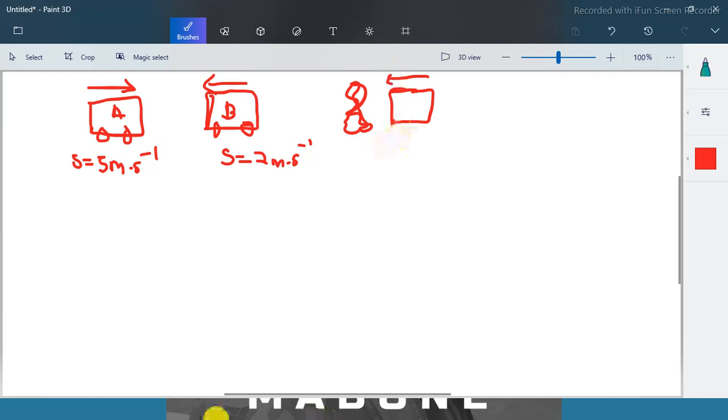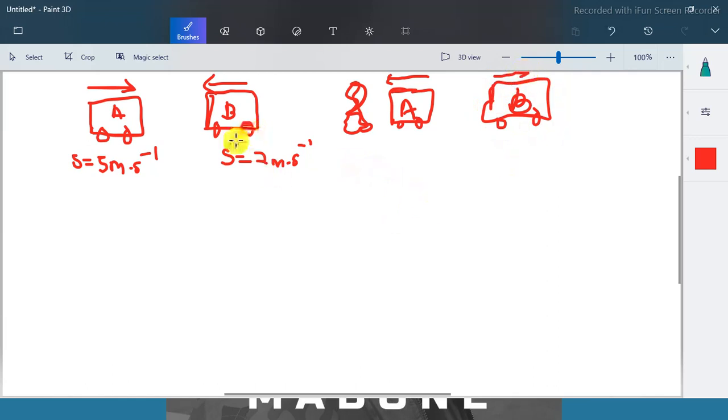Sorry about that. Car A goes that way. And car B goes that way. Okay, hope you can see that.